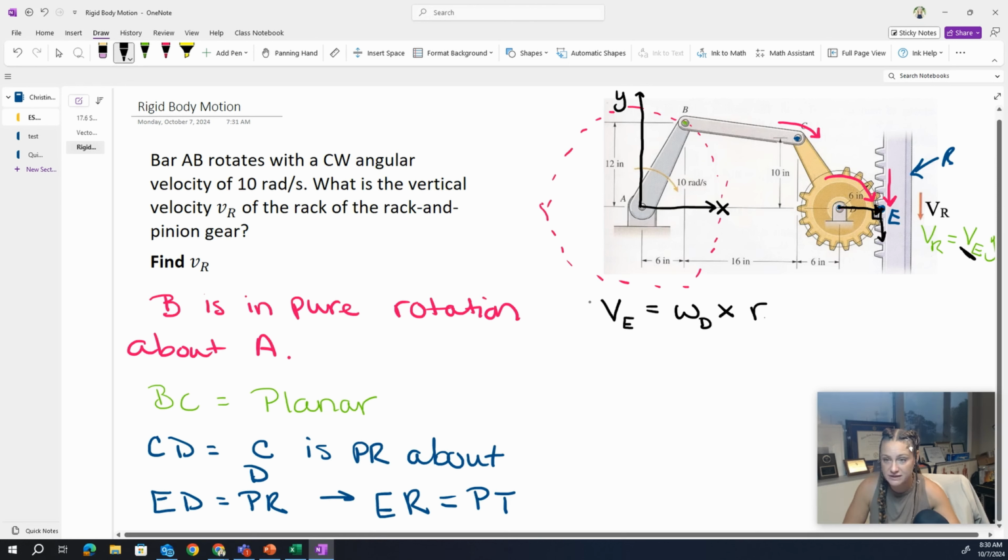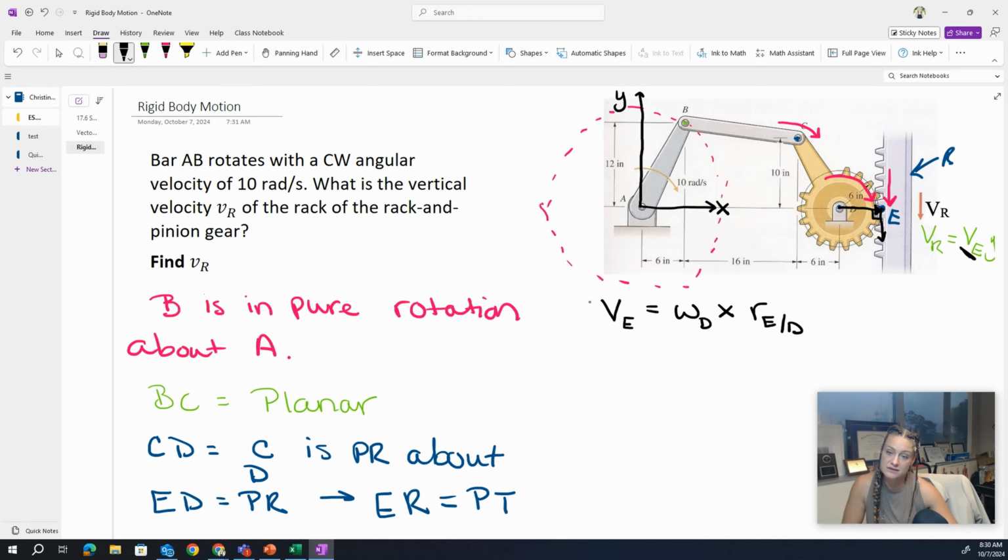So this position vector that's perpendicular here will be RE with respect to D. Trick: if the letter here is E, the top letter has to be E. Whatever letter is here, the top has to be the same.